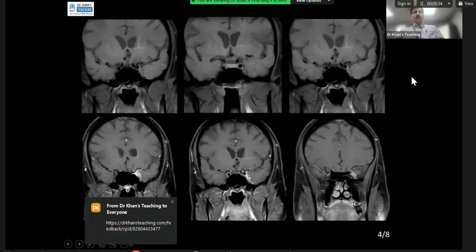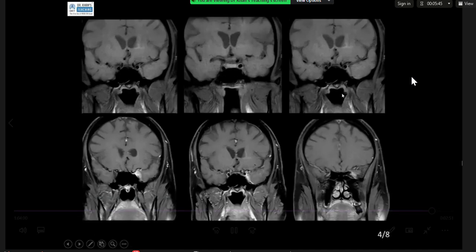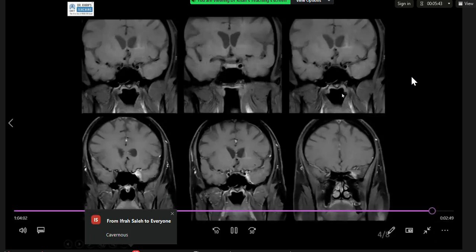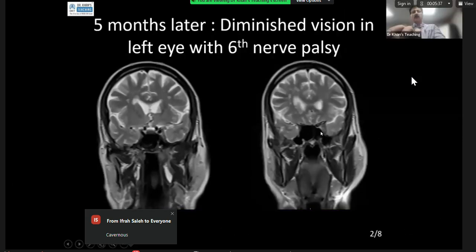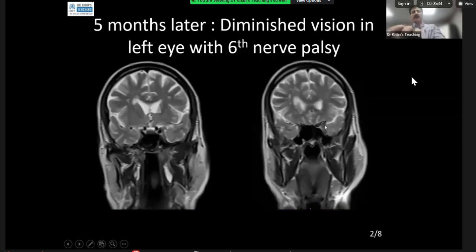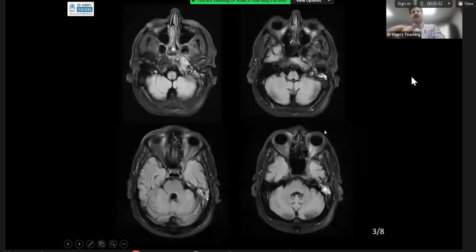Where are we? What is this? We're looking at the region of the left cavernous sinus with the ICA. Excellent. On this T2, though it's not completely clear, there was a slightly different signal here, right?